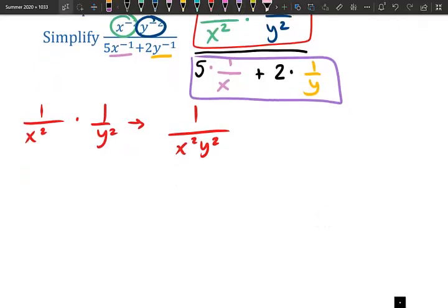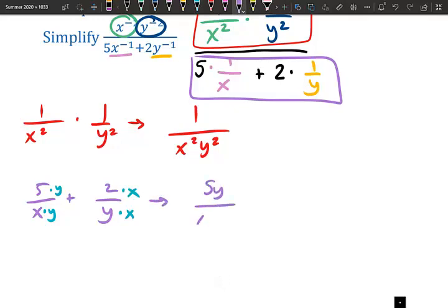we now have, let's simplify this, 5 over x plus 2 over y. So let's get the denominators to be the same, just multiply them together. So times y, times x, times x. So on top, we have 5y over xy plus 2x over xy.